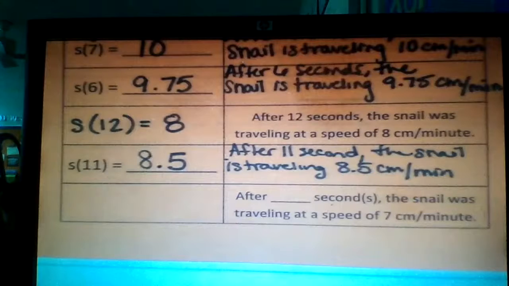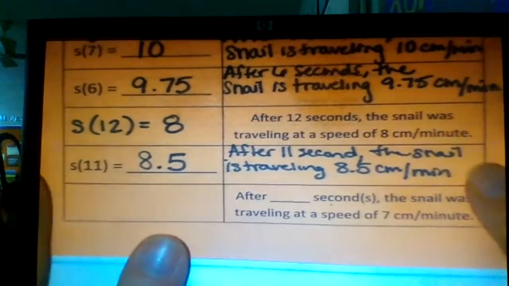That last one. This time, they don't give us the input. What do they give us? The output. They give us the speed. So now, when I have to find this on the graph, I've got to do what, Steph? You gotta go to 7 and see where it marks the line and it goes to 1. So it would be S of 1.